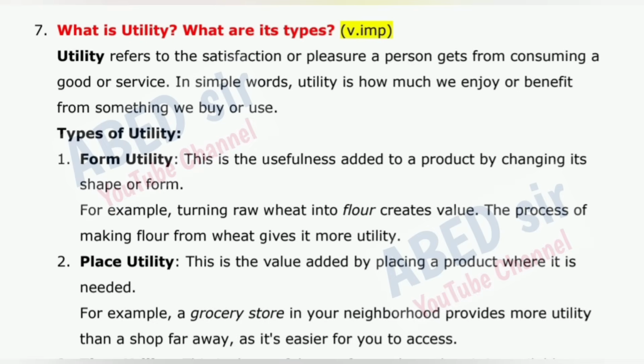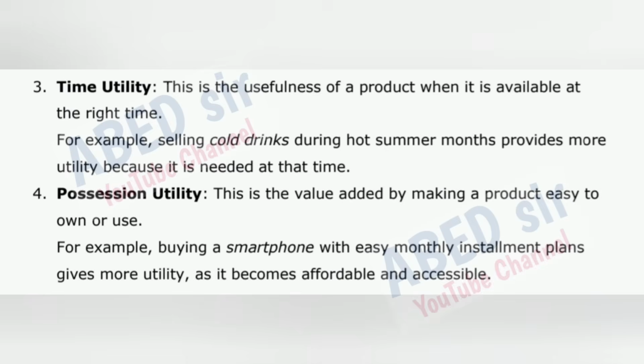2. Place utility. This is the value added by placing a product where it is needed. For example, a grocery store in your neighborhood provides more utility than a shop far away, as it's easier for you to access. 3. Time utility. This is the usefulness of a product when it is available at the right time.